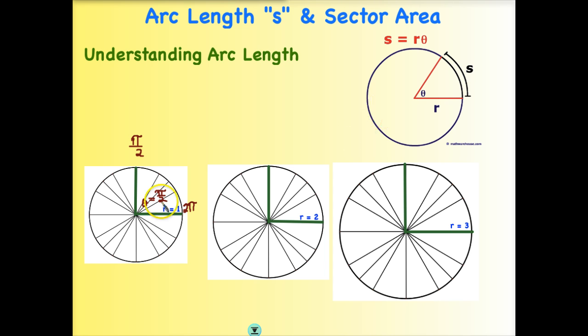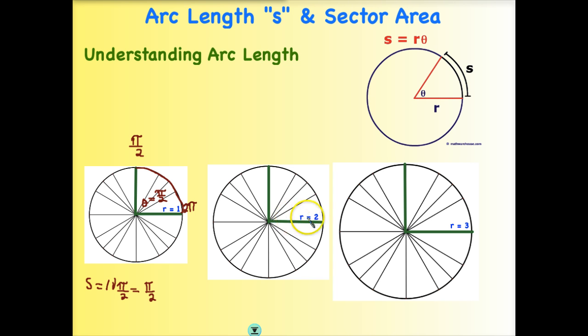If we're looking at our arc length formula, we can define this distance here along this curve, along the circumference, S, is equal to our radius, which in this case is 1, times our theta, which is just pi over 2. So our arc length is pi over 2.